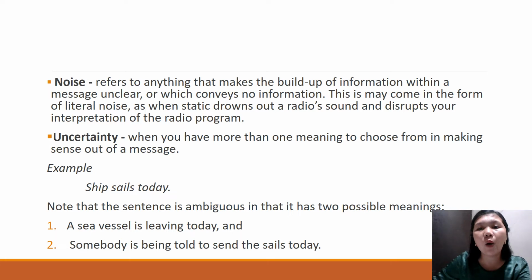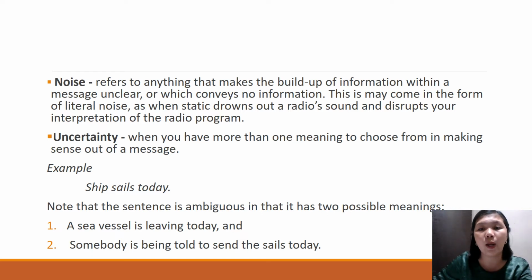More often, however, noise is within the message itself, such as when the information is ambiguous and the meaning tentative. This creates uncertainty in the communication flow. There is uncertainty when you have more than one meaning to choose from in making sense of a message.